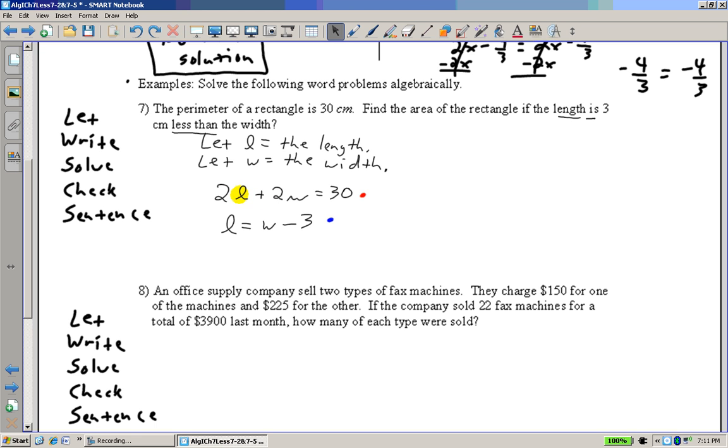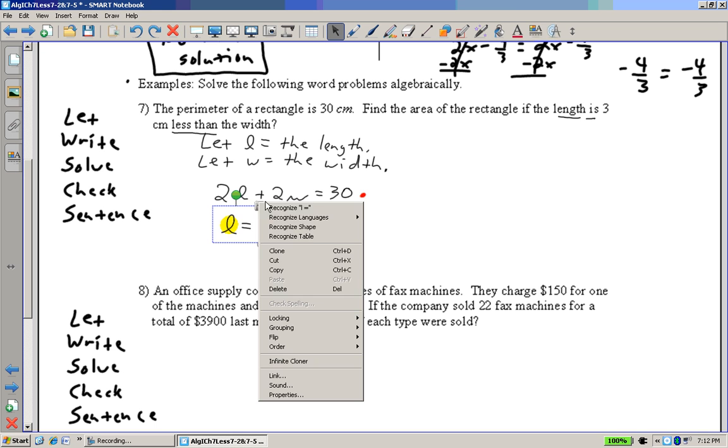Everything seems to be divisible by 2. Here, again, divide by 2. Everything's divisible by 2, so it's easy to solve for both of these, L or W in the red equation. In the blue equation, L is already by itself, so that's as easy as it gets. W wouldn't be much harder, but since L is already by itself, let's solve for L.